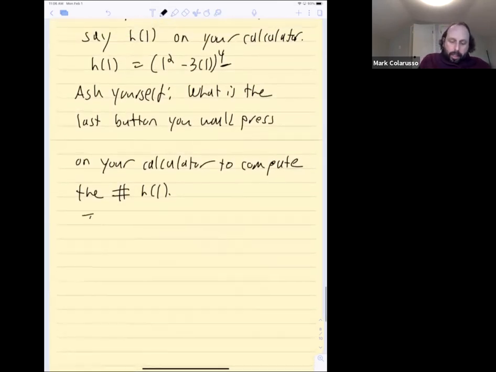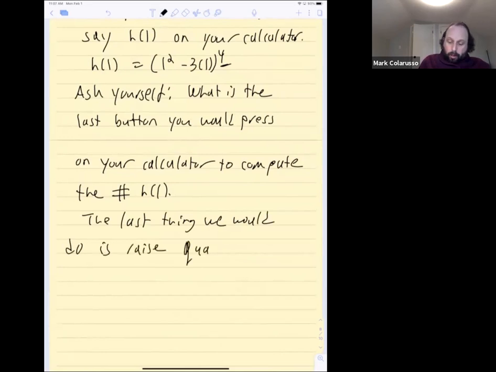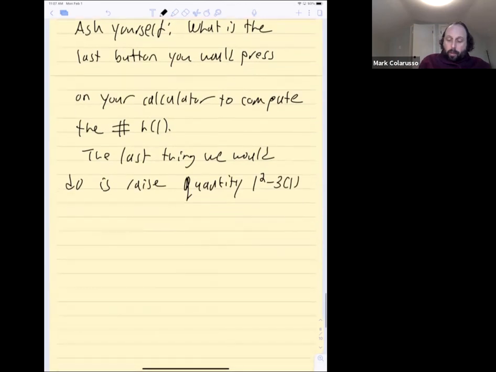So the last thing we would do is raise the quantity, whatever it is, it's minus 2 but it doesn't matter, to the fourth power. We hit the fourth power button on the calculator.